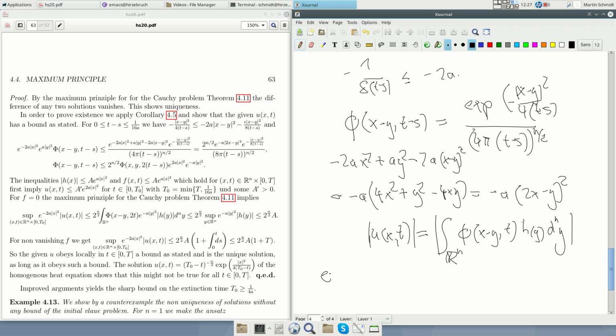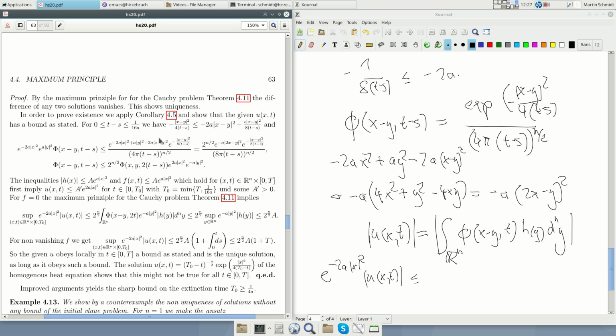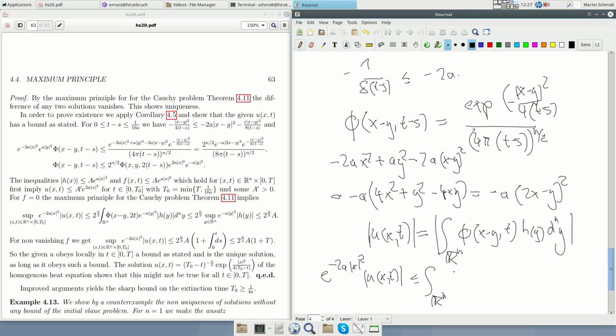So we have e to the minus 2a x squared u of x, t, absolute value, is then smaller. By this estimate, this cancels, so we get the integral over Rn of phi of x minus y, 2t, and we have 2 to the power n half and exponential of minus a y squared times h of y, absolute value, dy.